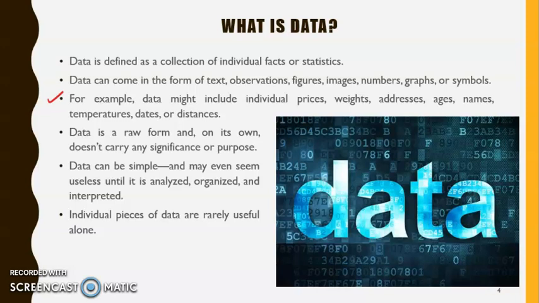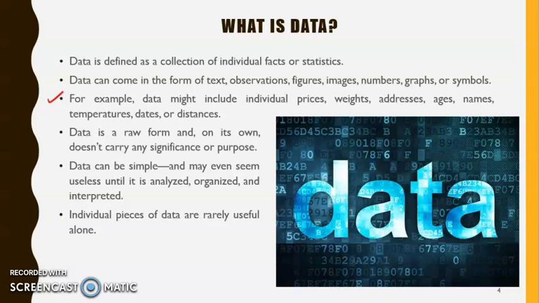As you can see, we have prices that are numbers, we have names that are text. Also, data could be in the form of figures, images, graphs, or symbols. Anything that represents some sort of fact in itself.